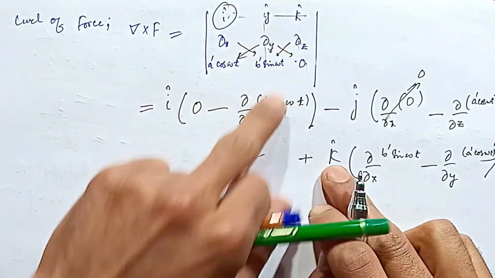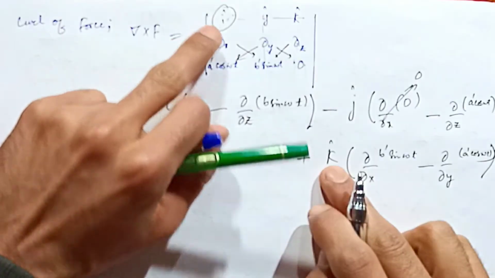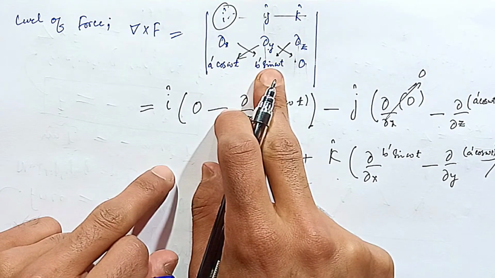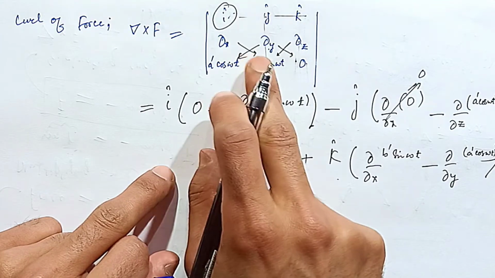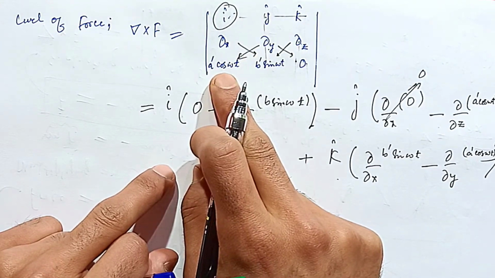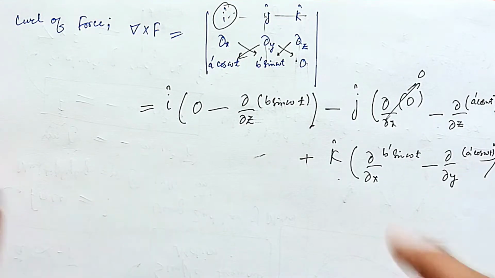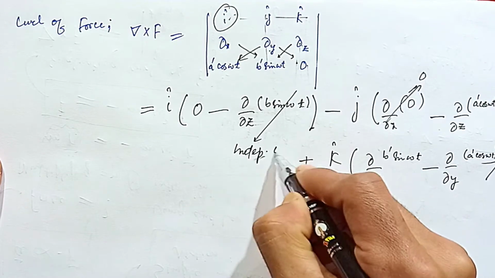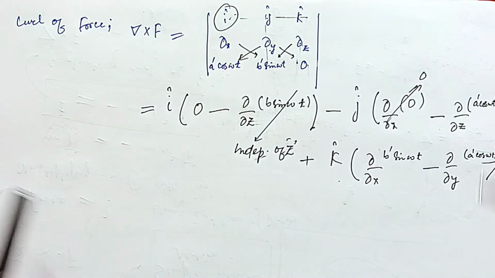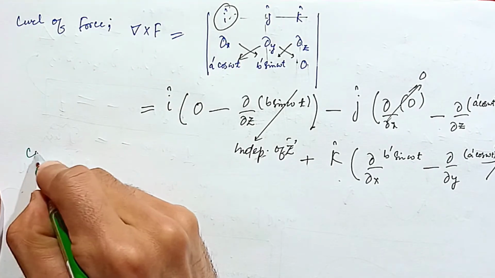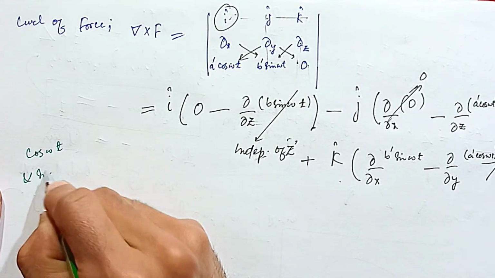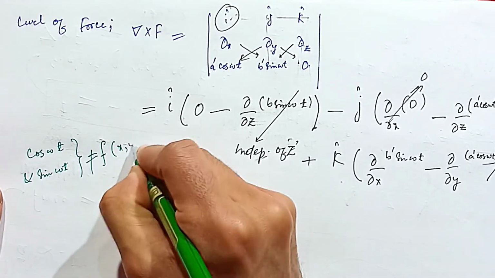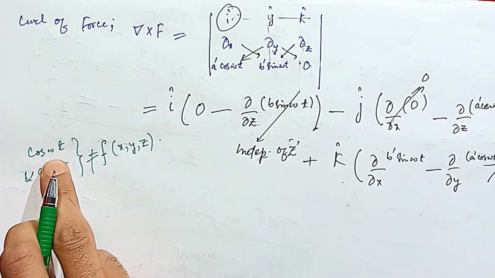Along the k axis we delete this very row and this very column. This is the rule of determinants. So differentiating with respect to x acts upon b sine omega t, then differentiation with respect to y upon cosine omega t. But these are independent of z, as we see that cosine omega t and sine omega t are not functions of x, y and z, because here only omega and t are contained.